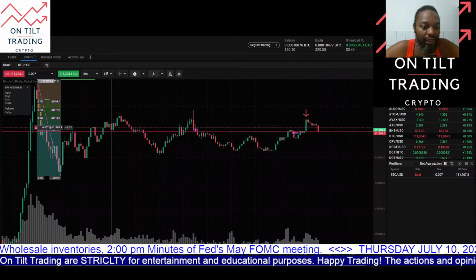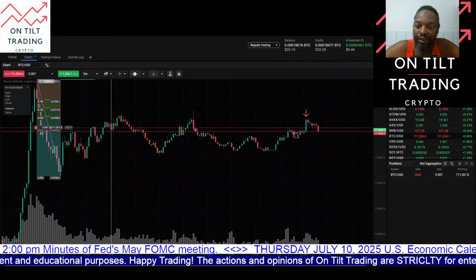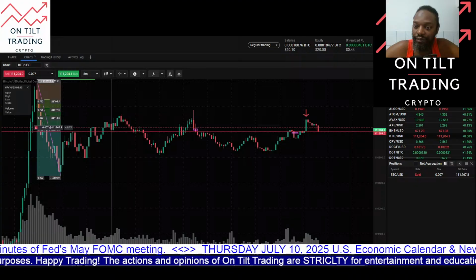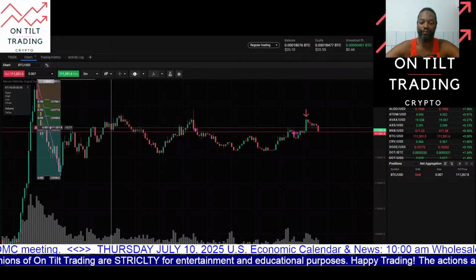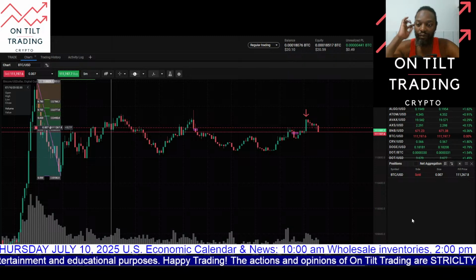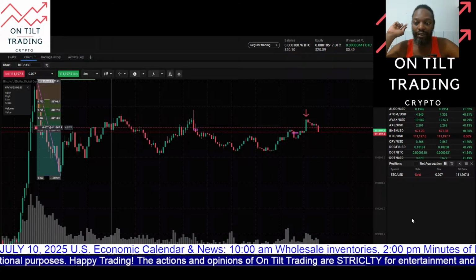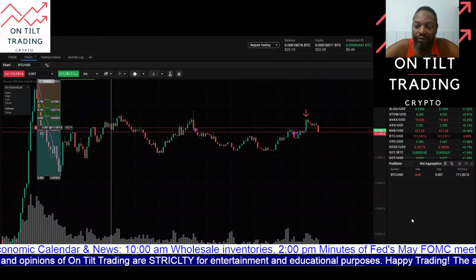Sweeping out these liquidity pools of sell stops. Price now trading through the 111,200 level at 111,197.6.